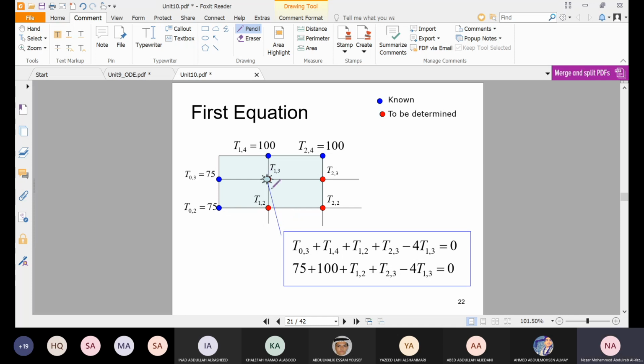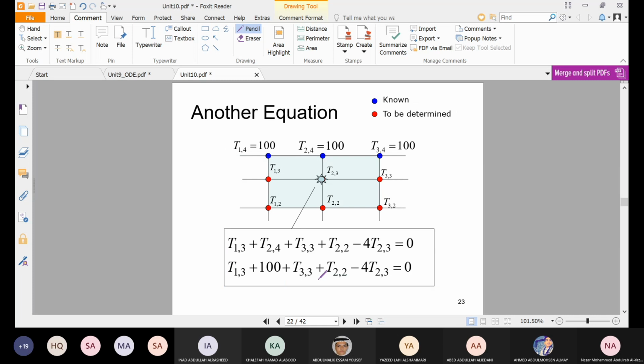So we can write the equation of T13 by using T14, T03, T12, and T23. So this is the equation. Some of the values are given, so we just substitute the values, compute, and put them on the right side of the equation.